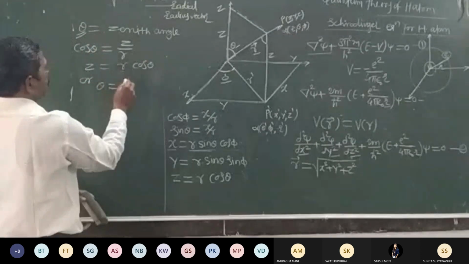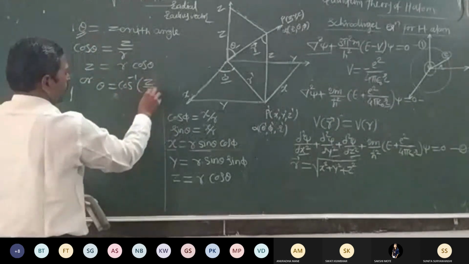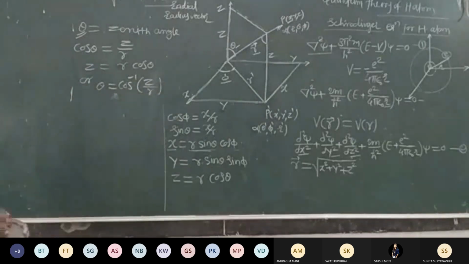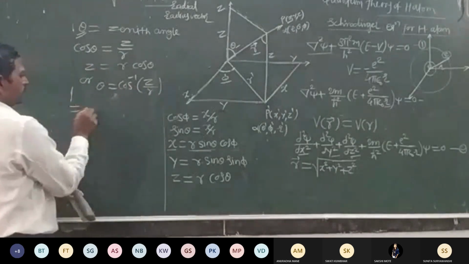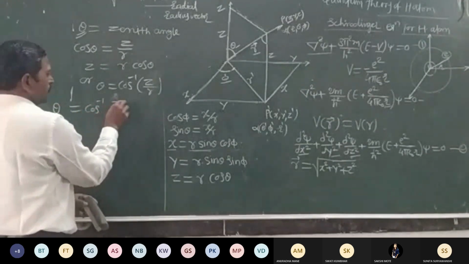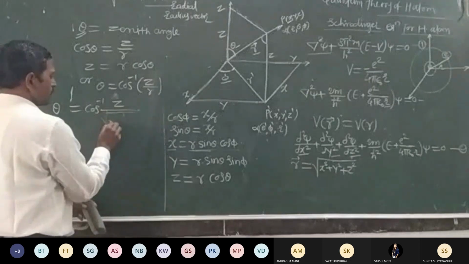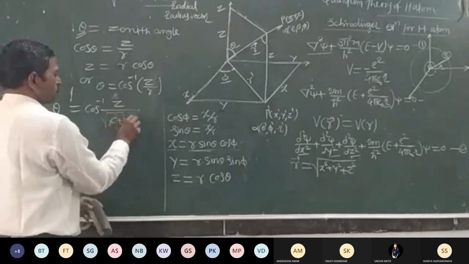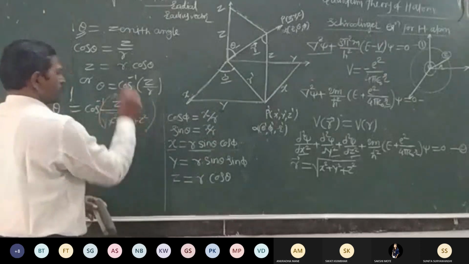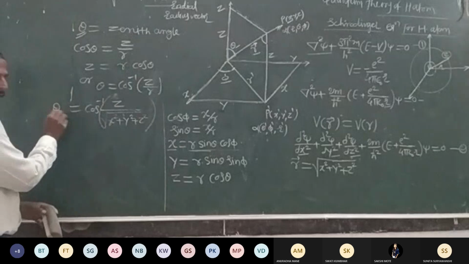So theta is equal to cos inverse of z upon r, which is cos inverse of z upon under root of x square plus y square plus z square. This is the value of theta.